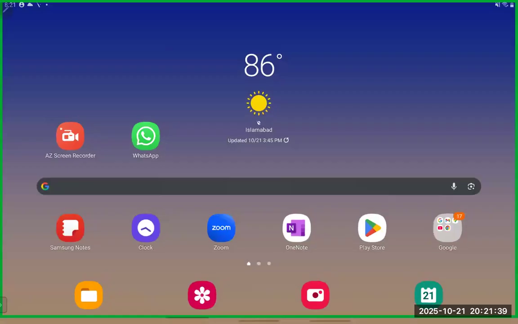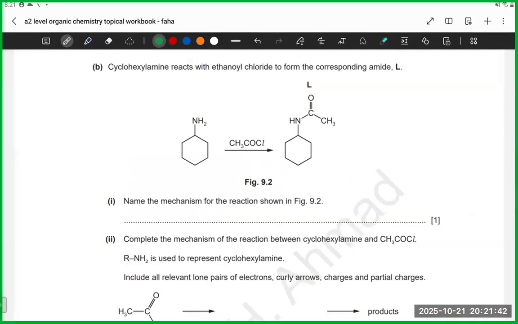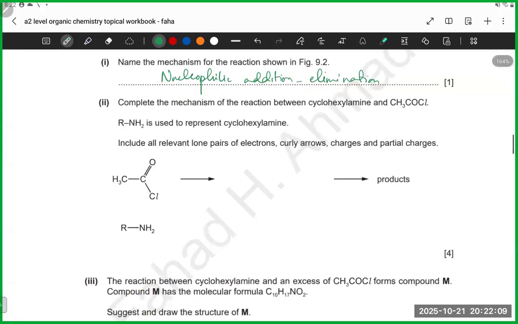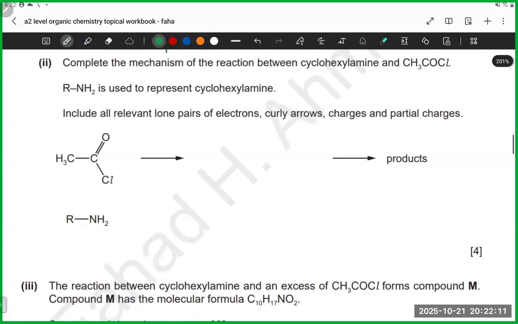So if you have a look at this question again, it's the exact same thing that's happening. So name the mechanism: that's nucleophilic addition elimination. So remember, it's the reaction mechanism of an acyl chloride. And they're asking you to write the mechanism for this reaction, and you have to tell the products as well.